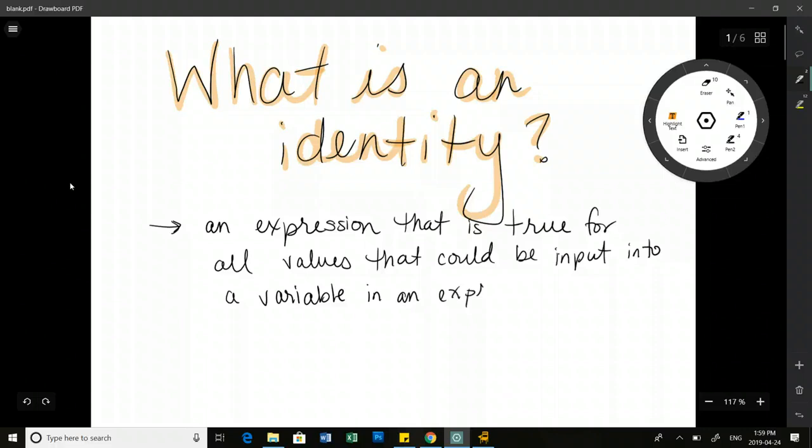Sorry, I just want to get the wording right. So, an expression that's true for all values that could be input into a variable in an expression.